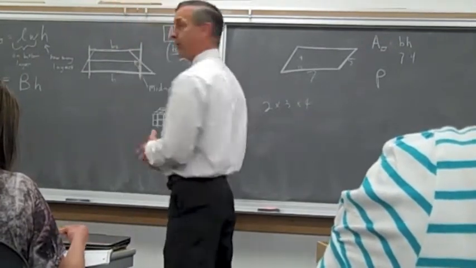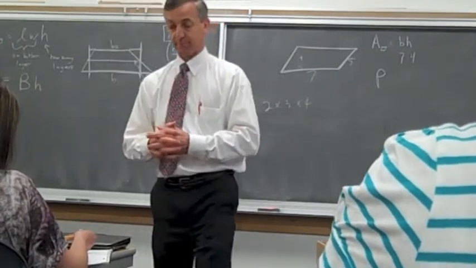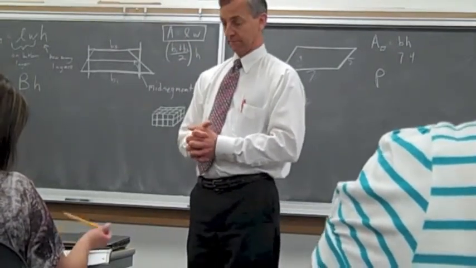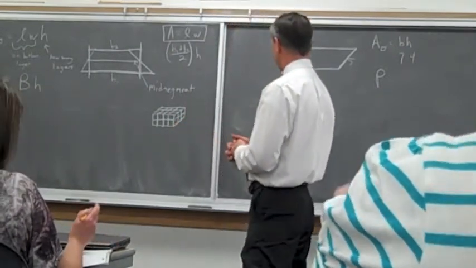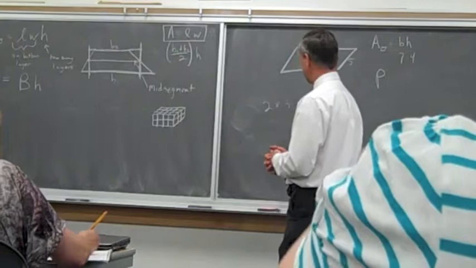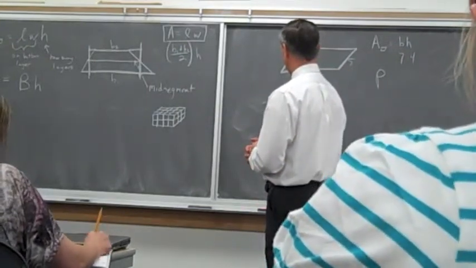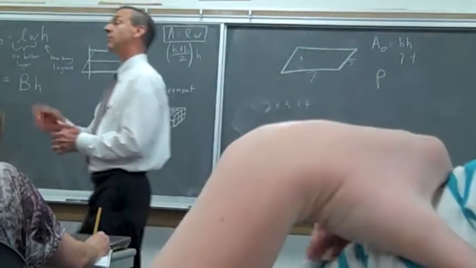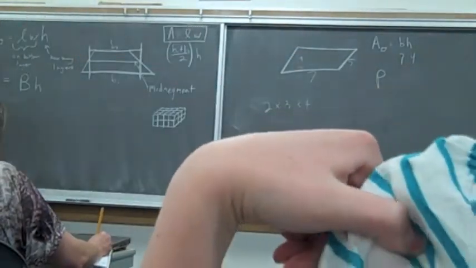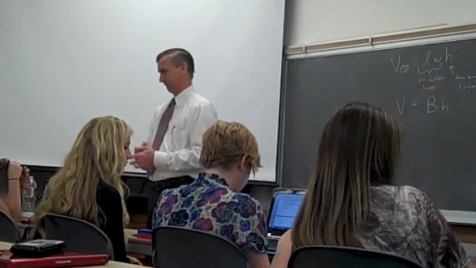The 2 by 3 by 4? Should be like 52-ish. You look at all the faces, every face, and add them. You just take every face and find the area of each face and add them all together.